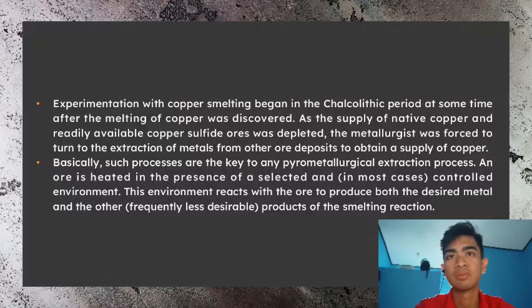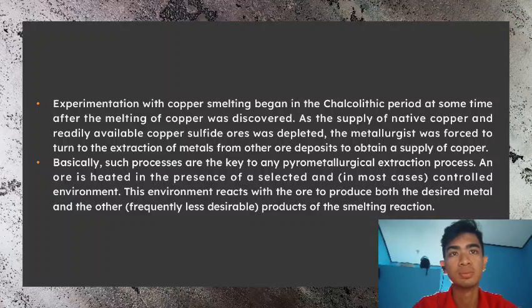Experimentation with copper smelting began in the Chalcolithic period, at the same time after the melting of copper was discovered. As the supply of native copper and readily available copper sulfide ore was depleted, the metallurgist was forced to turn to the extraction of metal from other ore deposits to obtain a supply of copper.